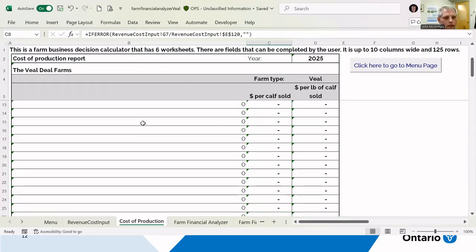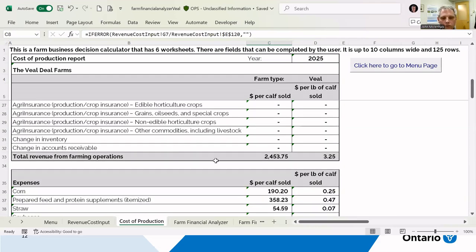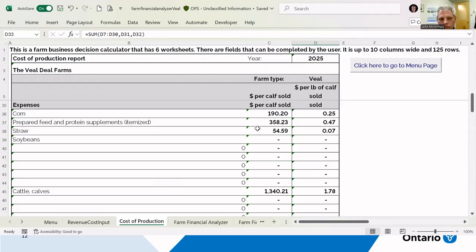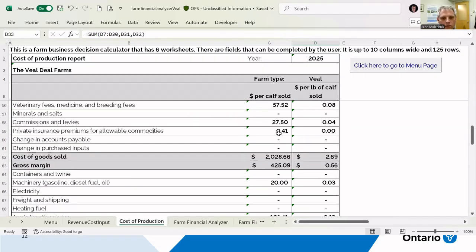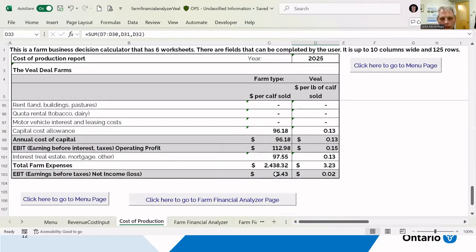So it doesn't calculate those, but all the commodities that you've entered here to get to your revenues are $2,400 a calf or $3.25 a pound of calf sold. And then it goes through, again, all of the different expenses on a per calf sold and a per pound basis, to come up at the end of the day at what the net income was for the operation.